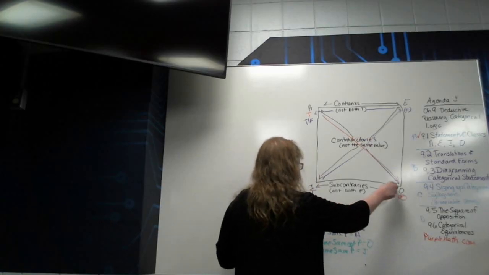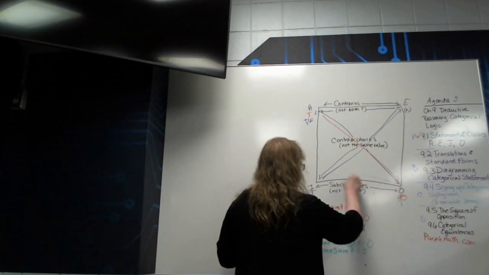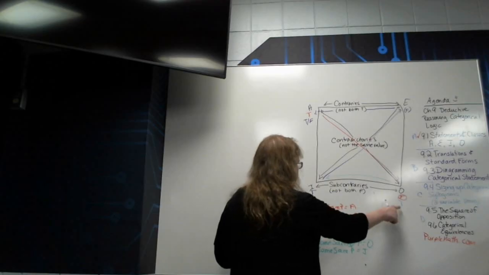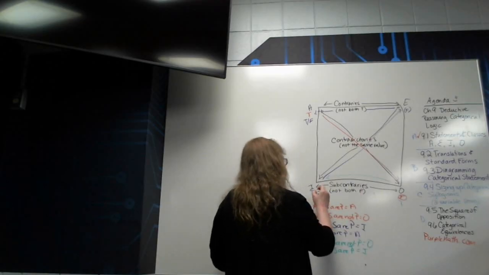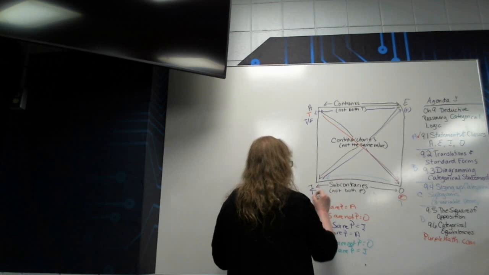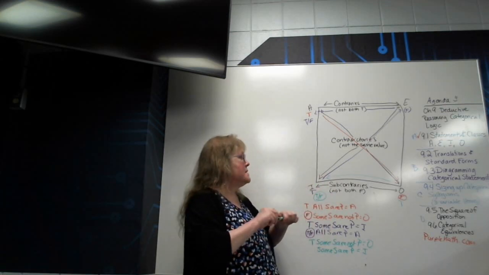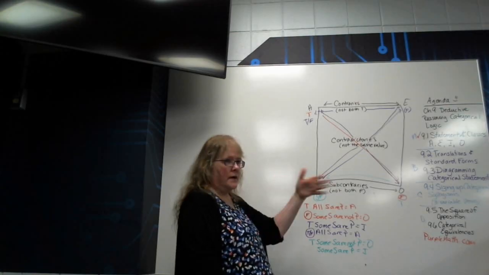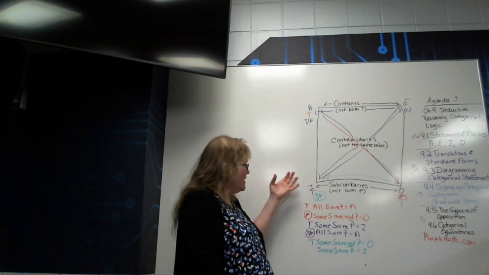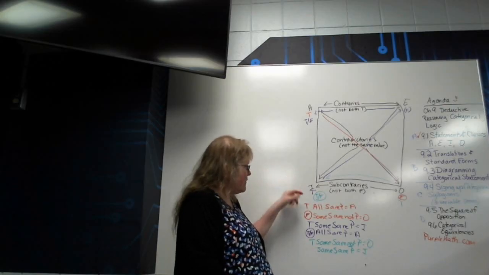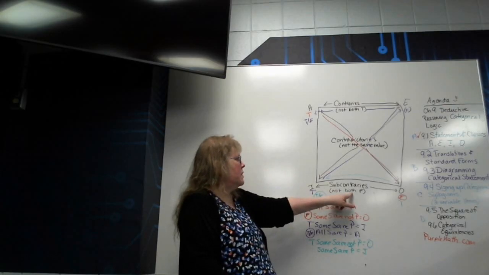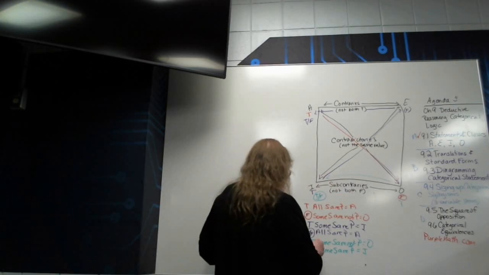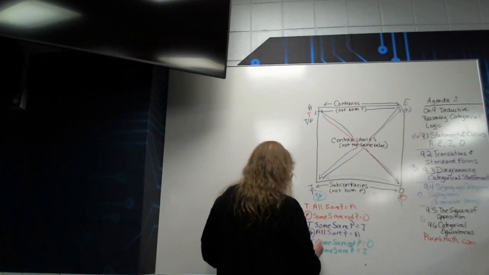Now I'm going straight across, right? I have my true going straight across here. They can't both be false. This is true, so this is indeterminate, true or false, which makes sense, right? Because if I say some S are P, some S are not P, then I'm also saying some S are P, really, on the other side of it. So true or false? Probably true, but we can't say for 100% sure because they can't both be false, but they can both be true. Okay, so be careful about these, especially ones that start with the somes.